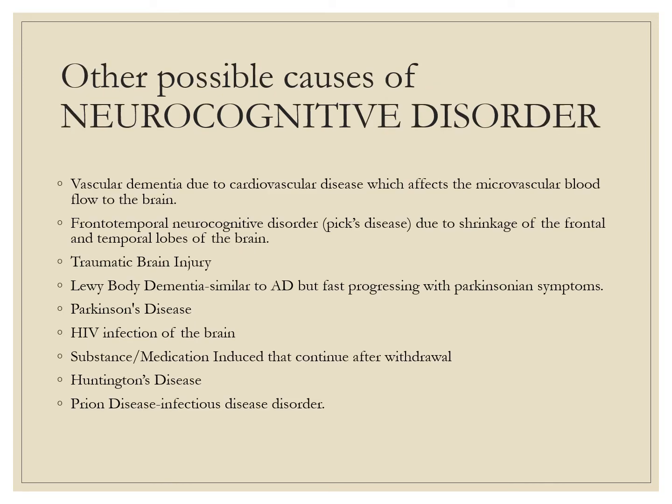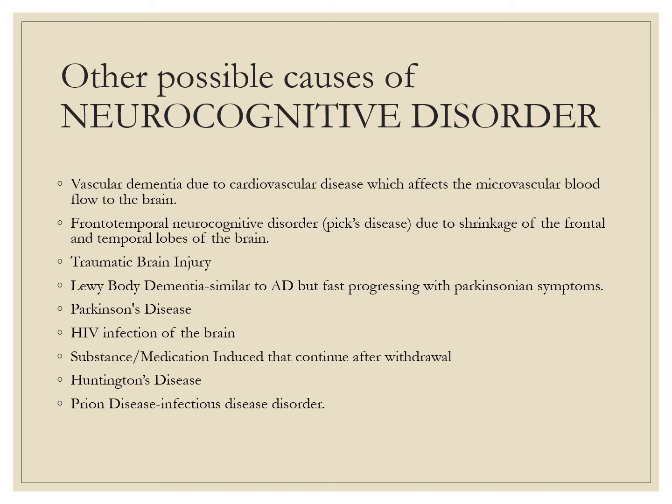So neurocognitive disorder is not always Alzheimer's dementia. There are several different causes that can cause neurocognitive disorders. Vascular dementia is due to cardiovascular disease that affects the blood flow to the brain. Someone who's had a stroke, someone who has arterial sclerosis, that can cause a decrease in the ability to get blood where it needs to go in the brain.